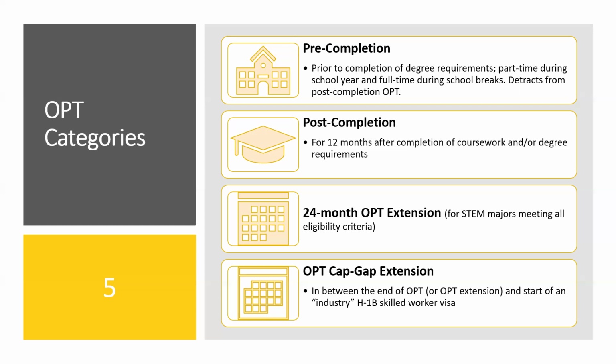There's also a cap-gap extension, which is not major specific, but it does apply to students whose employer is going to participate in the H-1B lottery. In that scenario, you may be eligible for a temporary extension of your OPT. We'll talk a little bit more about STEM OPT and the cap-gap extension at the end of the module. But for the majority of this module, again, we're going to be focused on post-completion OPT.